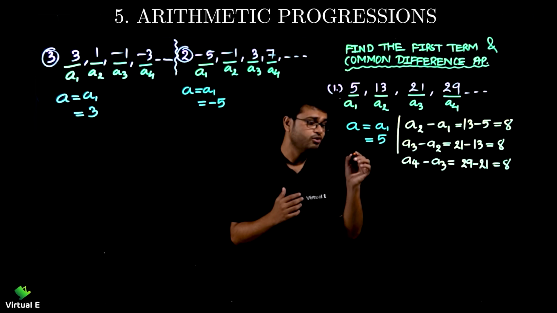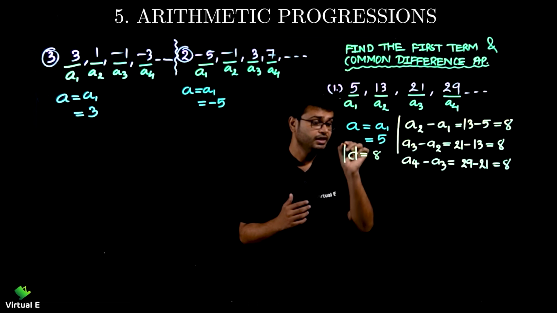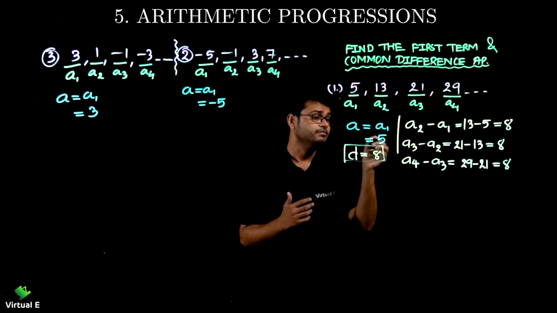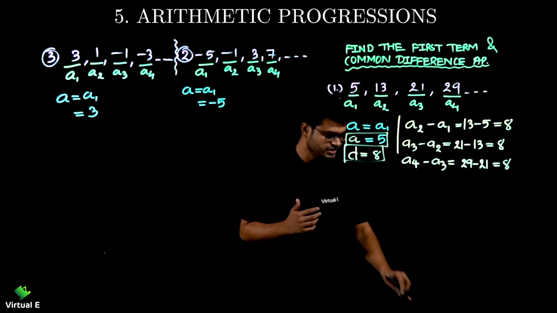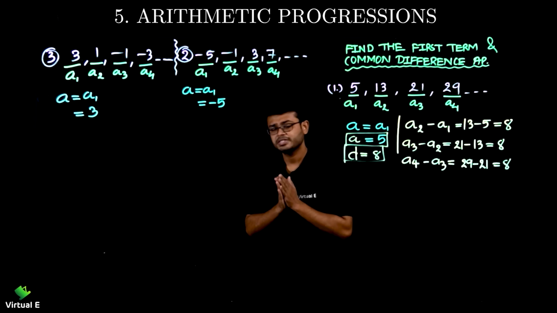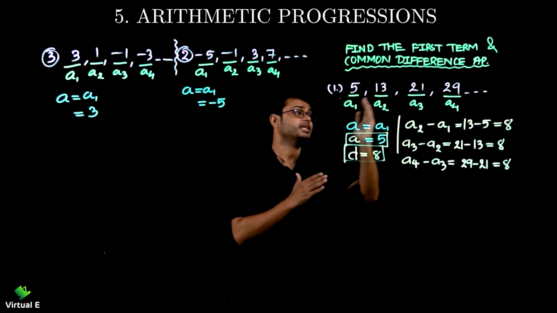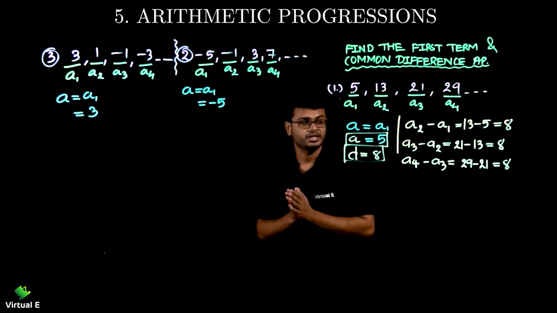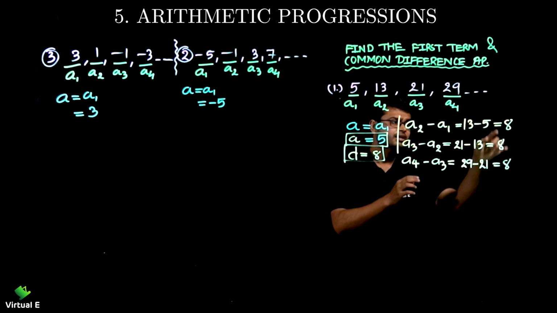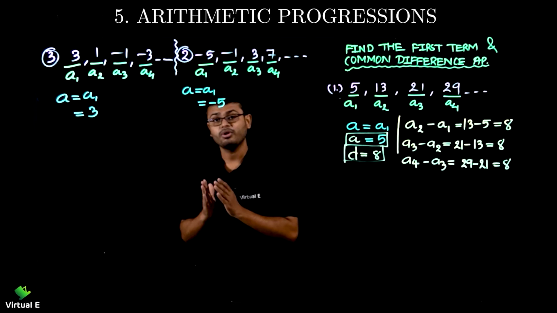I can write my common difference is 8. a is equal to 5 and d is equal to 8 for this AP. Very easy it is. You just need to subtract two consecutive terms: a2 minus a1, a3 minus a2, a4 minus a3.